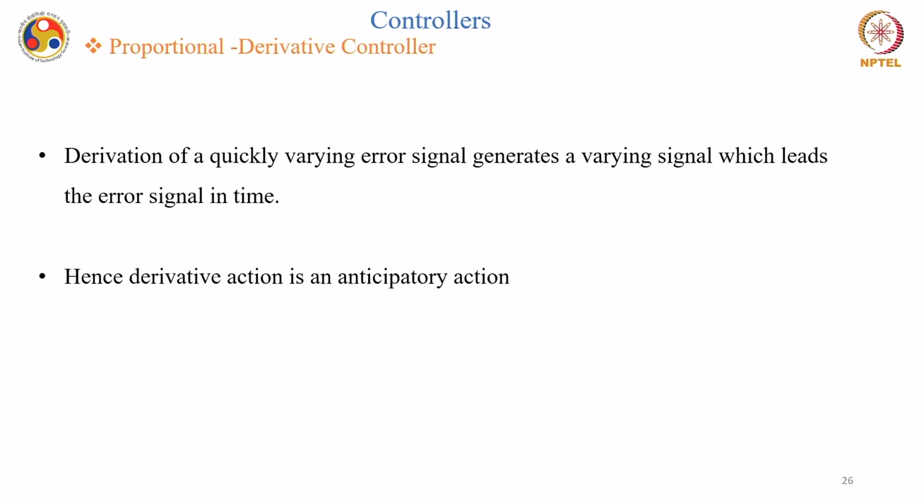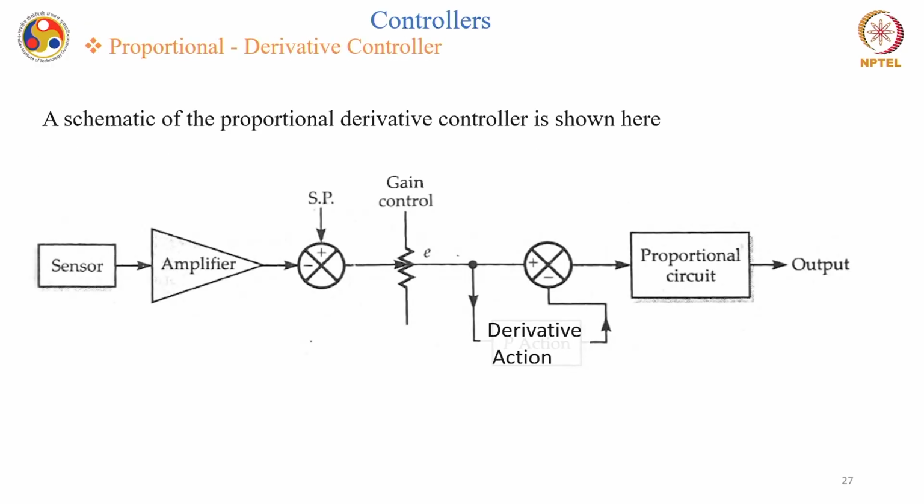Then we have proportional derivative or PD controllers. Derivation of a quickly varying error signal generates a varying signal which leads the error signal in time, and therefore derivative action is an anticipatory action. A schematic of a proportional derivative controller is shown over here.